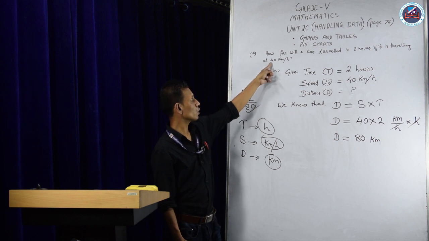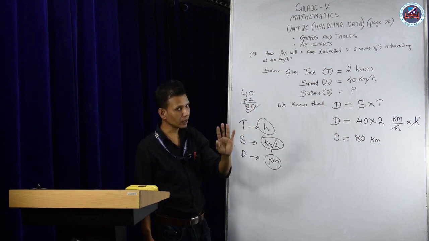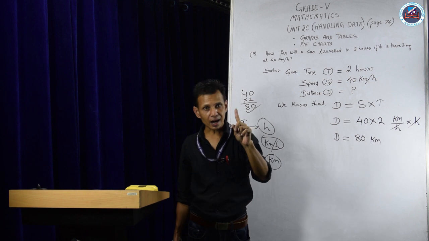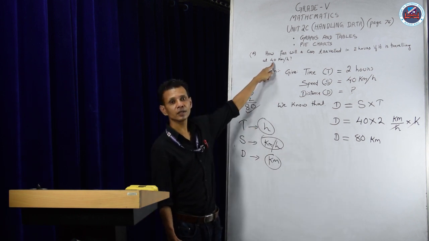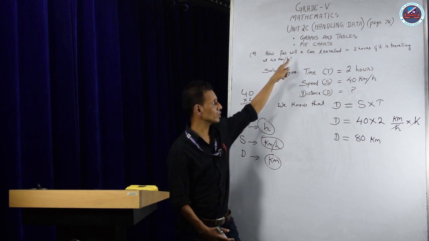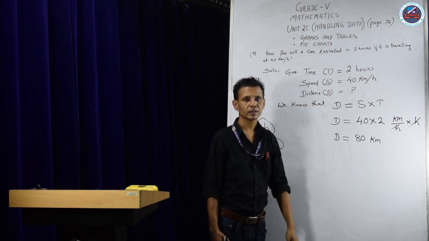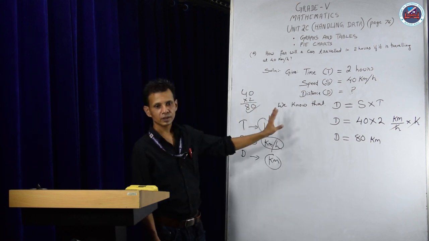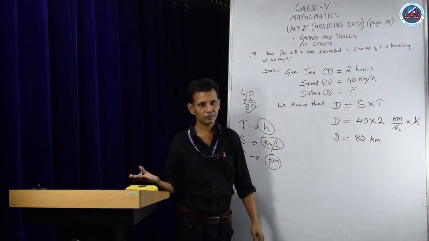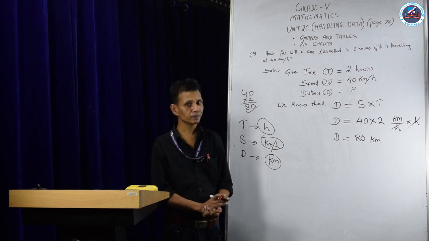Speed is 40 kilometers per hour. Per hour means, as I already told you, in 1 hour. In 1 hour the car is traveling 40 kilometers. That means obviously in 2 hours the car will cover 80 kilometer distance, right? Can you do the rest? B also is the same. You can try B, okay?